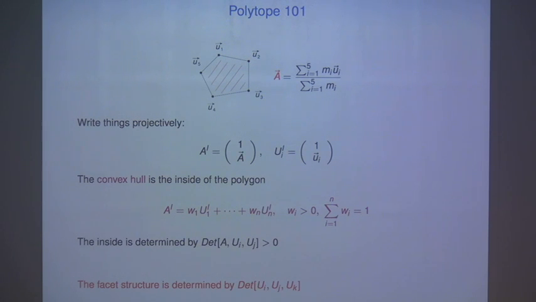What determines what is inside, for example, for this case, is that you determine first which of these vectors form a boundary, and what is inside is then the requirement that you take the determinant of the two vectors that form the boundary, along with whatever vector you have, and if it's inside, then this determinant will be a positive number. So from this, you can see that to determine what the boundaries are is basically to determine all the possible signs that you have for these vectors for the determinant.